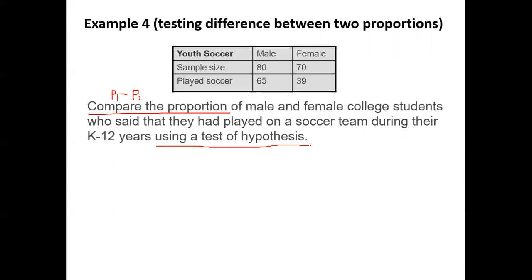So we must state the null and the alternative hypothesis, because it wants you to compare the proportion by using a test of hypothesis. The two proportions that have been given are youth soccer of male and youth soccer of female. The sample size for male is N1 and the sample size for female is N2.